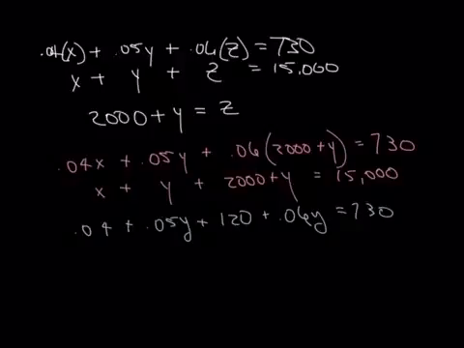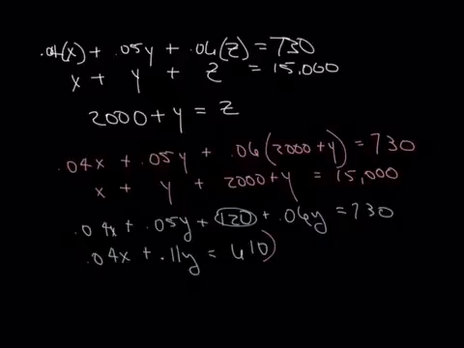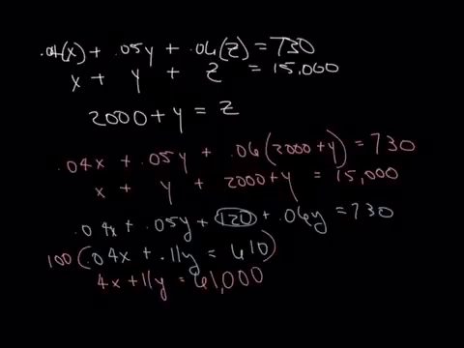I'm just going to move everything around so that we get 0.04x plus 0.11y equals 730 minus 120, which is 610. At this point I would multiply everything by 100, so that gives me 4x plus 11y equals 61000. That just gets everything without decimals.